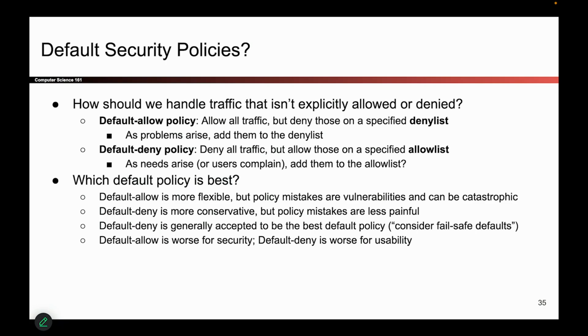So there could be an argument that default allow is worse for security, because if you miss something, you're going to get hacked. And in default deny, if you miss something, it will get blocked by default. But there's the opposite argument that default deny is worse for usability. So it's kind of up to you. Once again, there are trade-offs, and it's up to you for what you want to do in your network.